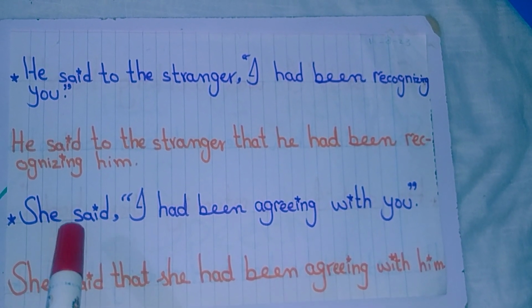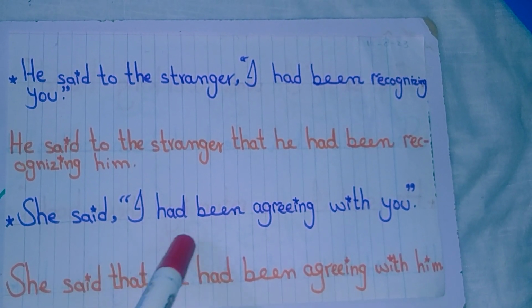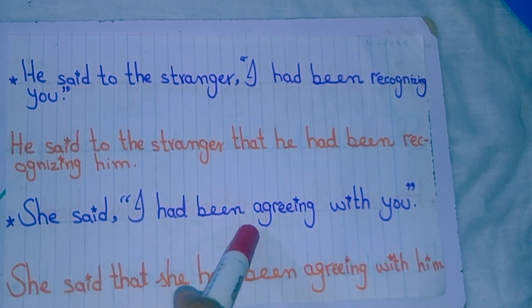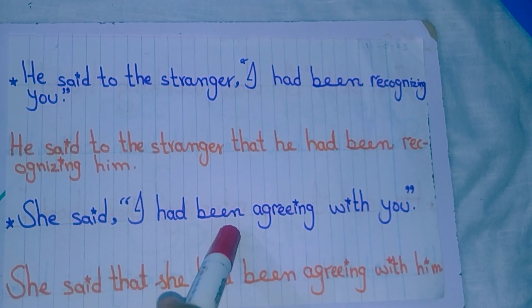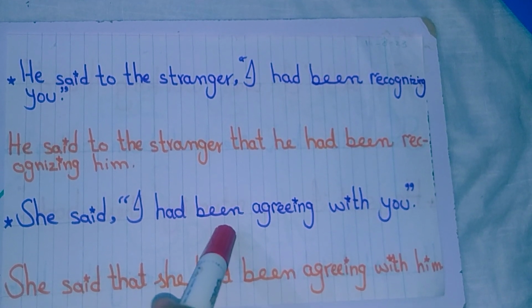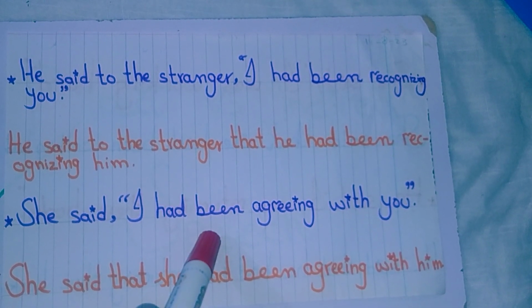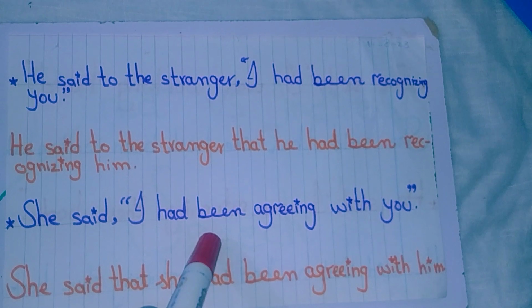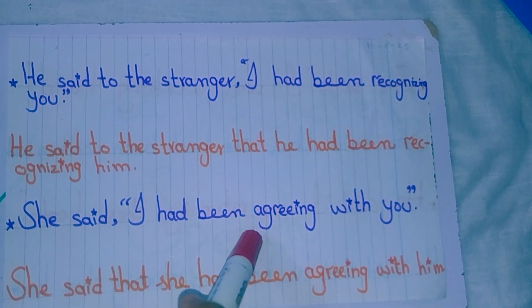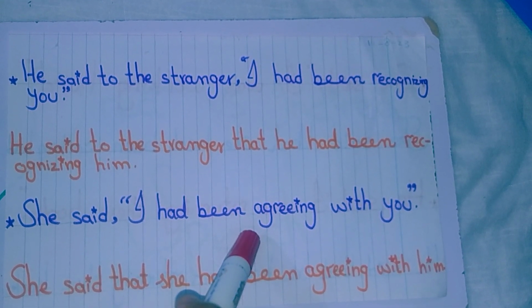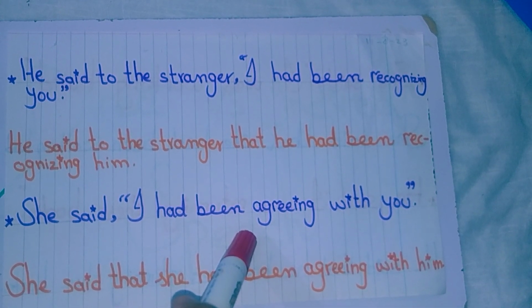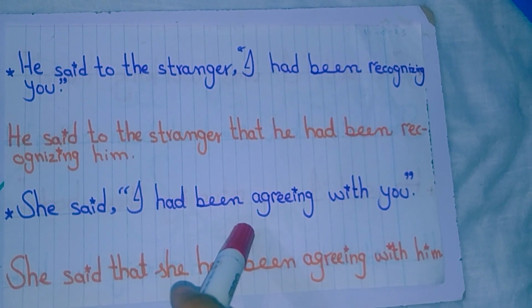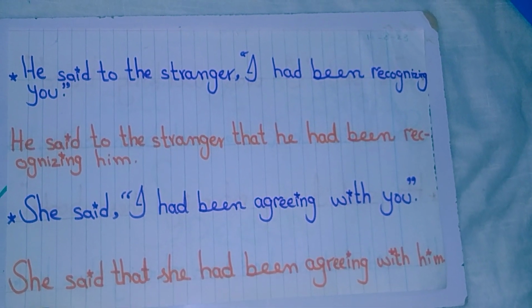"I had been agreeing with you" is reported speech, and reported speech is in past perfect continuous tense. As you can see, "had been" is the helping verb of past perfect continuous and we use the present participle in past perfect continuous tense. Present participle means we use "ing" with the base form of the verb, or you can say the first form of the verb, okay?